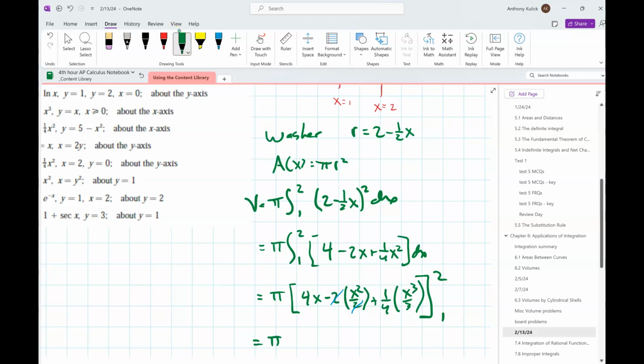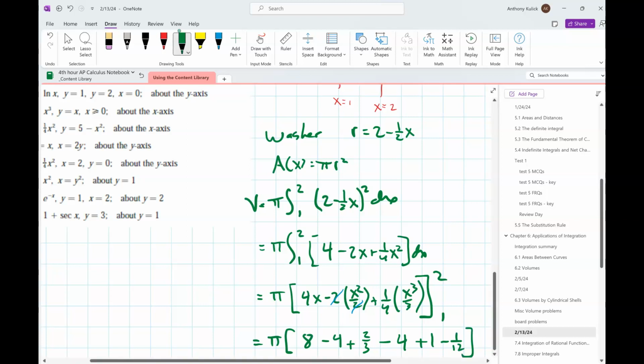This is going to be kind of annoying, so I'm going to have 4 times 2, that's 8, minus 2 squared, that's 4, and then 2 to the third is going to be plus 2/3, and then minus 4 times 1 is 1, minus a negative 1, and then minus 1/12.